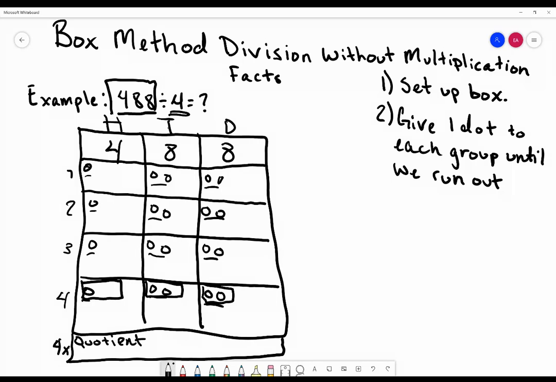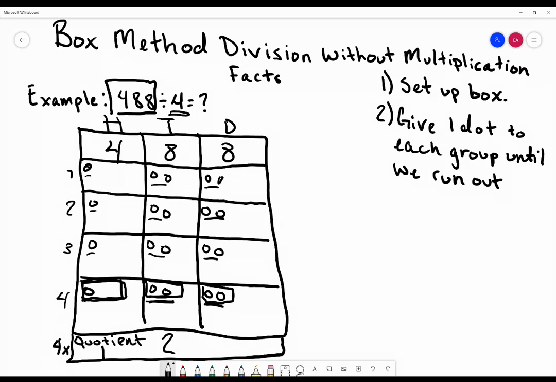So starting in the hundreds place, if we look at this bottom group, we'll notice that there is only 1 dot. So underneath this hundreds column, we'll write the number 1. Moving on to the tens place, you'll notice that we have 2 dots in each group. So when we fill in the tens place for our quotient, we will write the number 2.